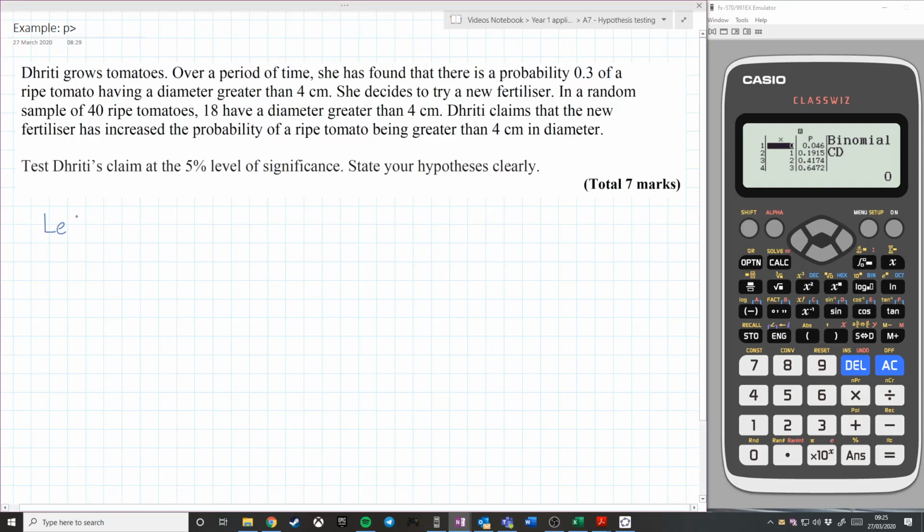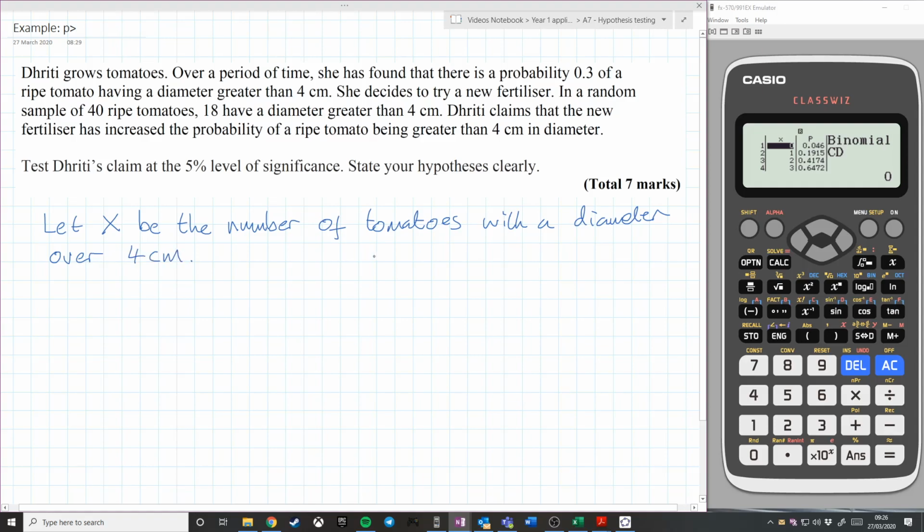I'm going to say let x be the number of tomatoes with a diameter over 4 centimeters.